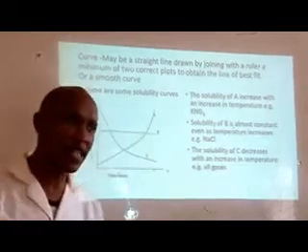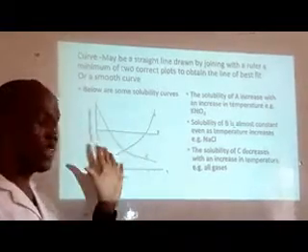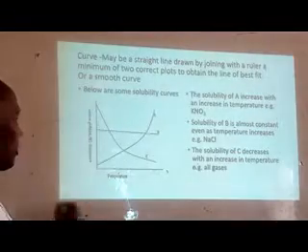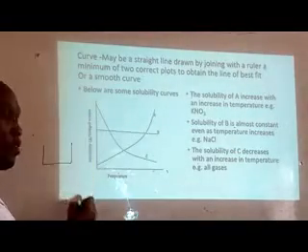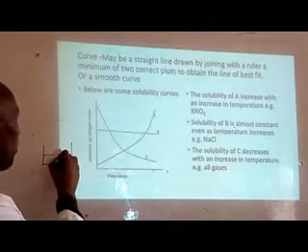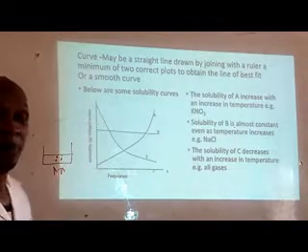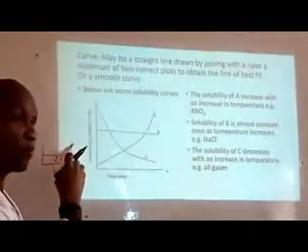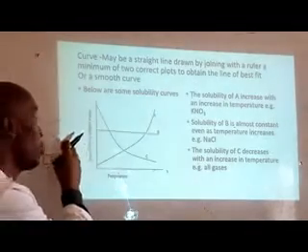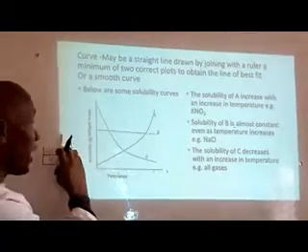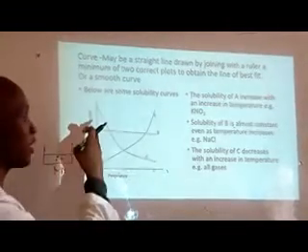Now, in fact, this is what you get for all gases. For all gases, the solubility decreases with an increase in temperature. You remember what you did in primary school? You got some water, you warmed it, you heated it. As you heated it, you saw bubbles. Why did you see bubbles? You saw bubbles because the water could no longer hold all the gas, all the air that was in it, so some of it had to escape.